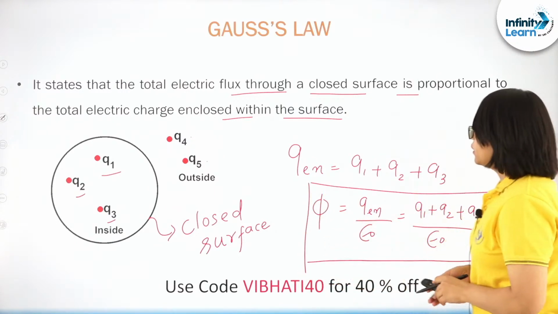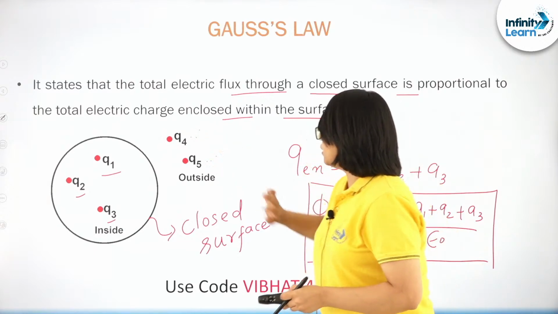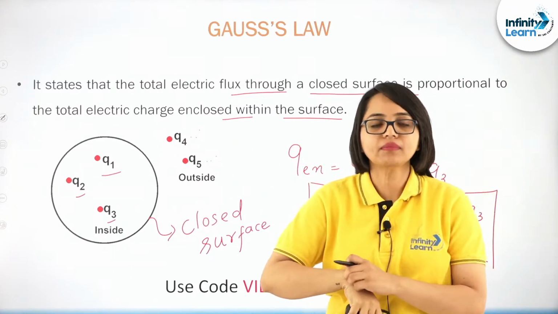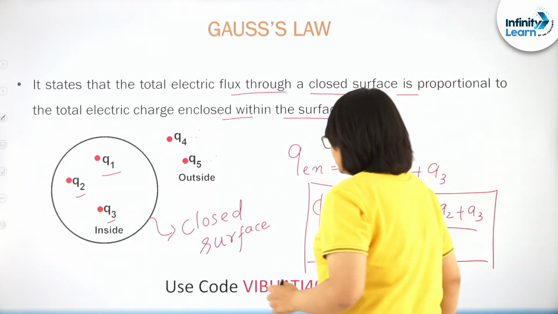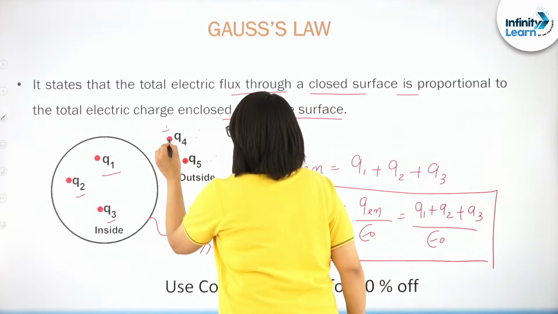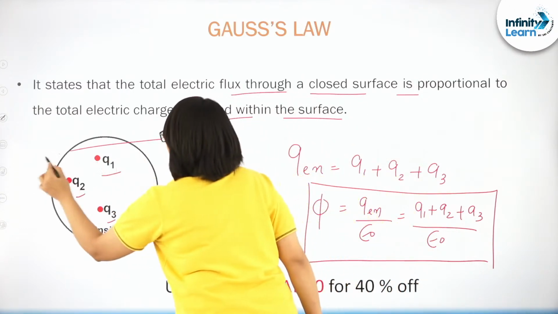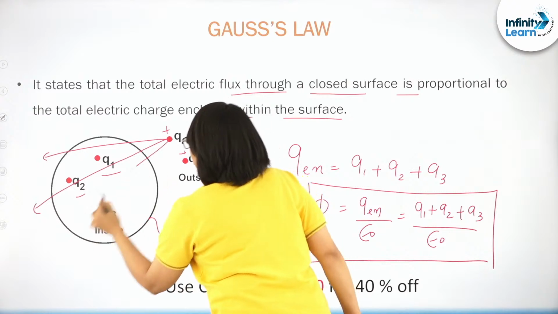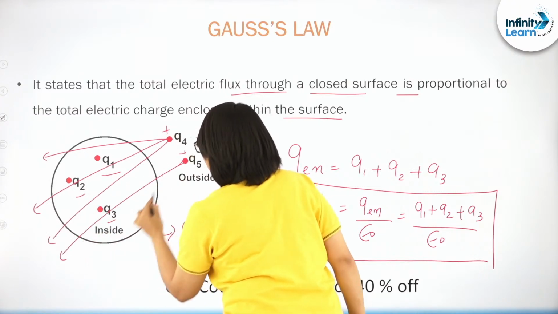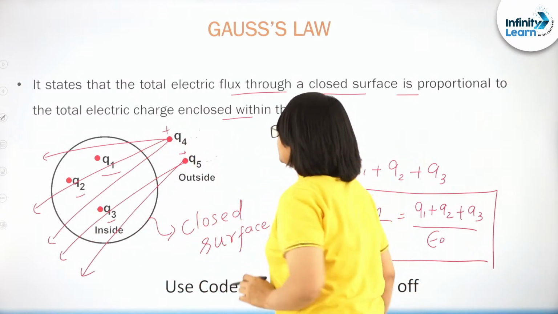Do not include the charges that are outside the surface. Why? Because if I consider Q4 and Q5 as positive, then the electric field lines due to Q4 and Q5 are what?